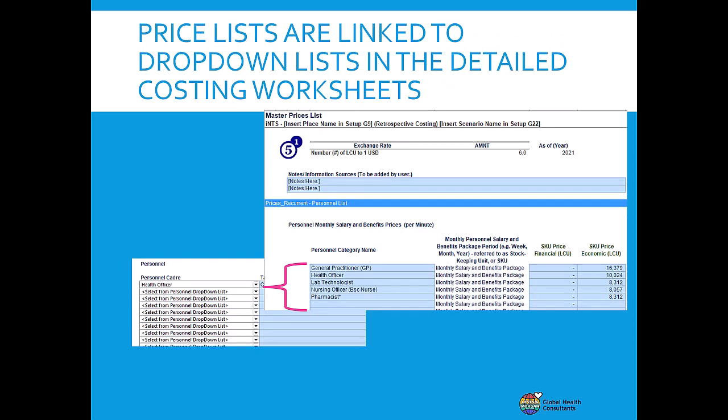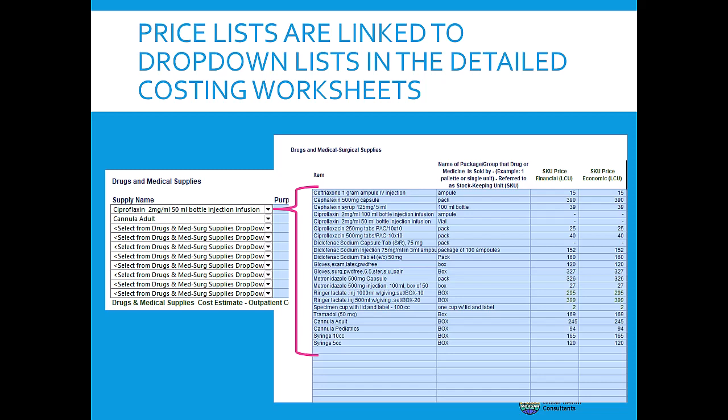The price lists are linked to drop-down lists in the detailed costing worksheets. So, for example, if you were to have 5 possible places or inputs to your personnel cadre selections, then after you've put them into your price list, those will show up in the drop-down list of the personnel part of your detailed costing worksheet, and you'll be able to select them from the drop-down list.